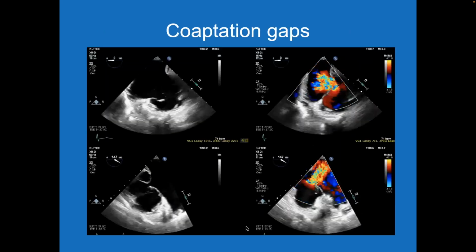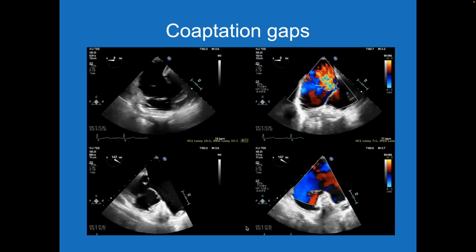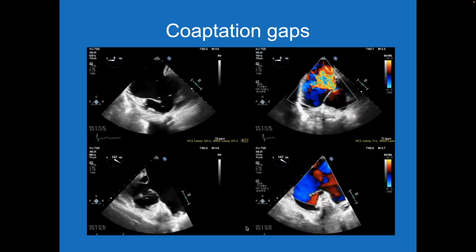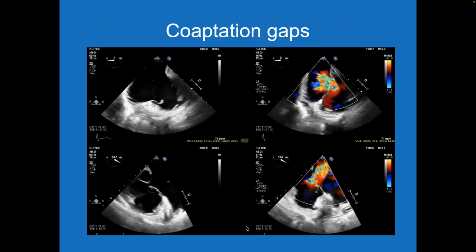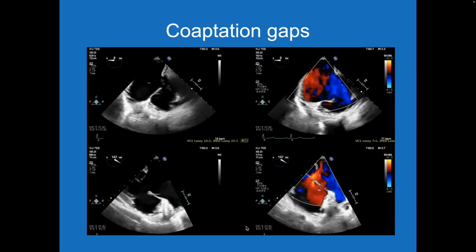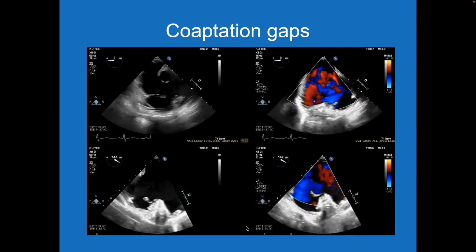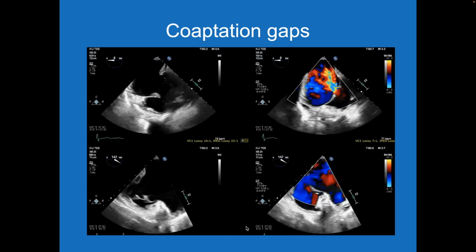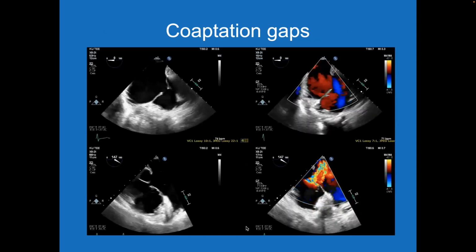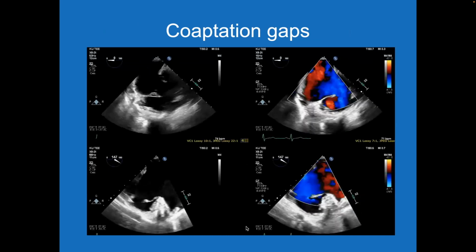So coaptation gaps are important, as we saw with mitral clip on the other side, understanding how big our gaps are, because once you get beyond about 6 millimeters, so you can see in the left-hand pictures at 0 degrees and almost 150, how well you can see the gaps, and you can measure those. So once you get beyond 6 millimeters, it's hard.